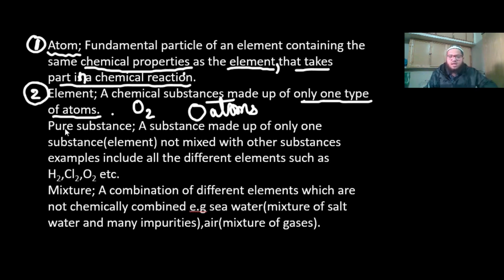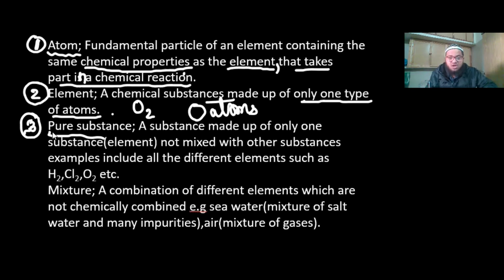Then coming to pure substance. What do we mean by pure substance in chemistry? In our everyday life, pure might mean, in the food industry, a food which is not contaminated by other substances. But the term pure that we use in daily life and the pure that we use here differ widely.